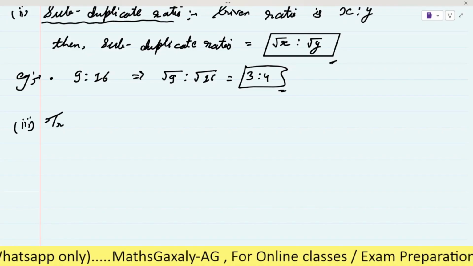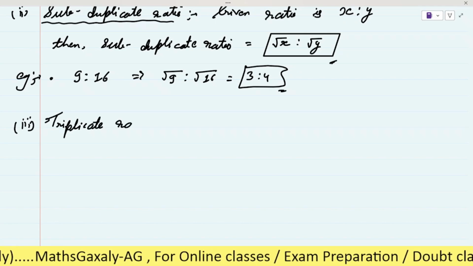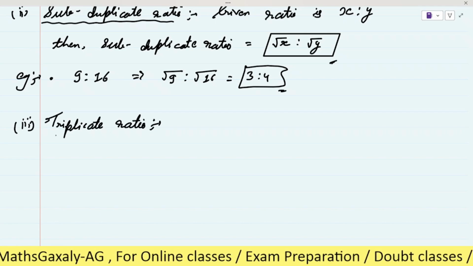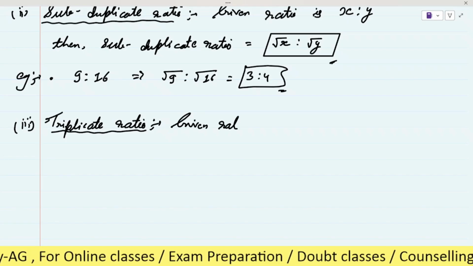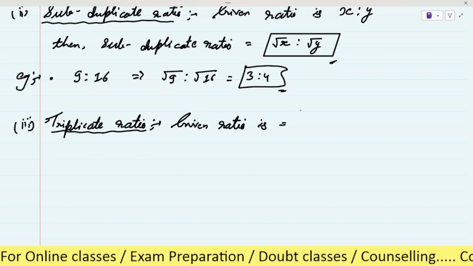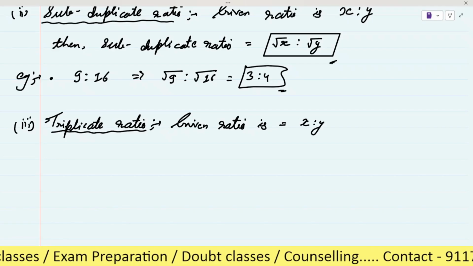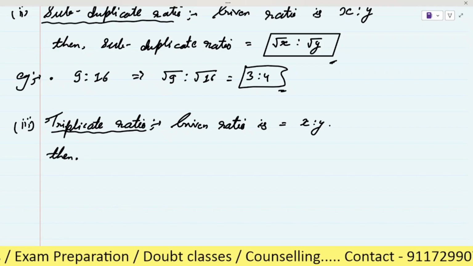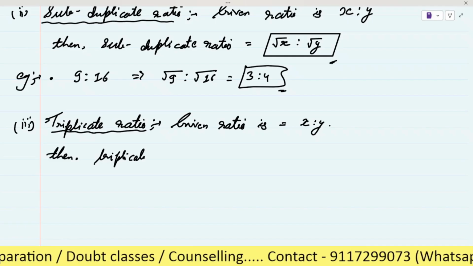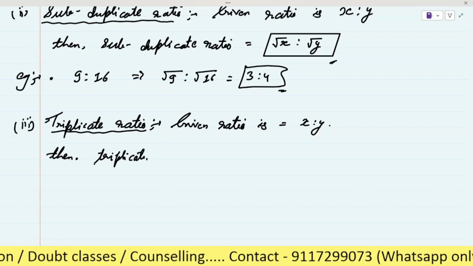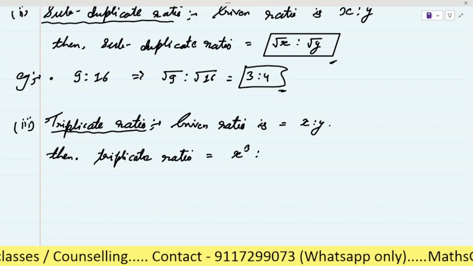Now the third type is triplicate ratio. Suppose the given ratio is x is to y. Then the triplicate ratio will be x cube is to y cube.